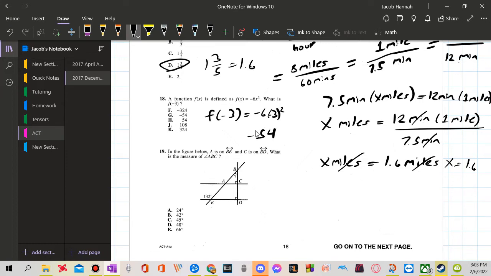Can't do math today. Since 9 times 6 is 54, and this negative is still lingering out here. Since PEMDAS, you take your parentheses and then you exponent them. So negative 3 squared, 9, then you do multiplication, 9 times negative 6, and you got negative 54.